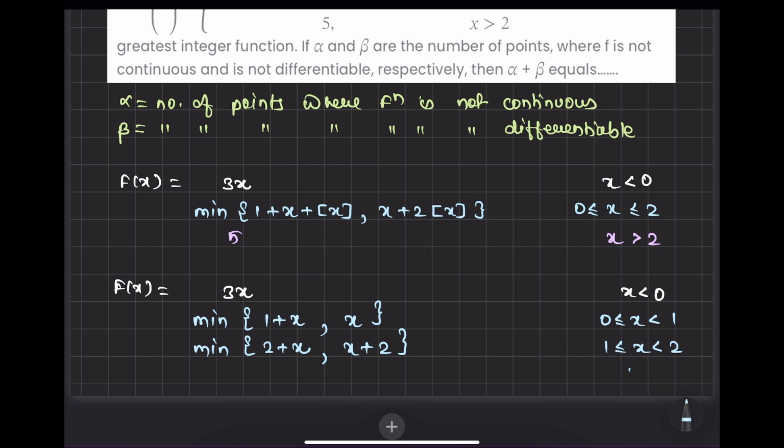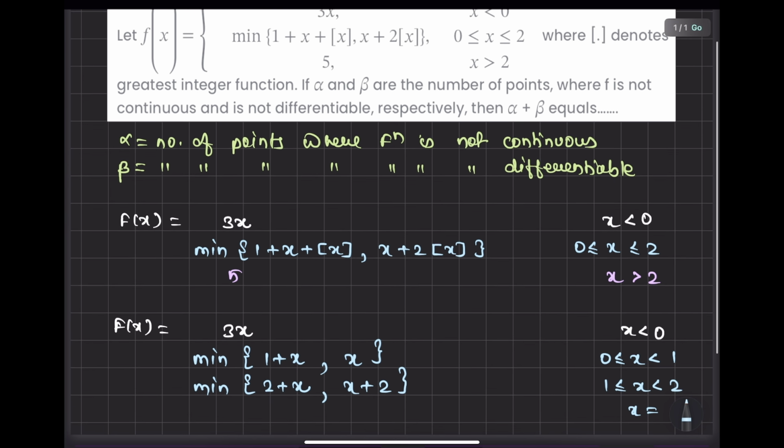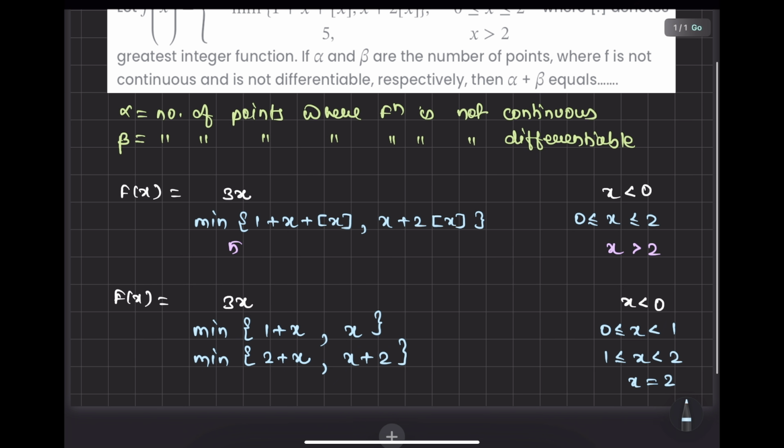Now x equals to 2. If x is equal to 2, this thing will become 2. This thing will become 2. So minimum of, so 2 plus 1 is 3, 3 plus x. Okay, and then it will become 4 plus x.